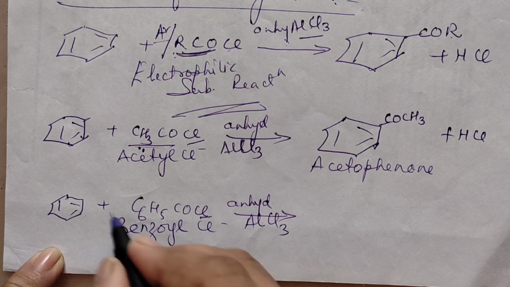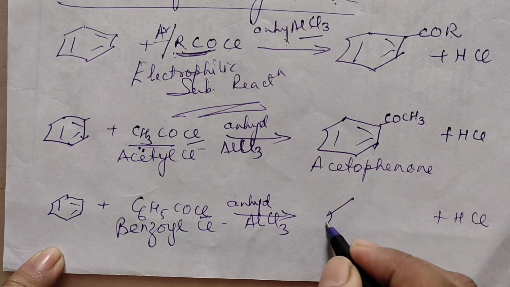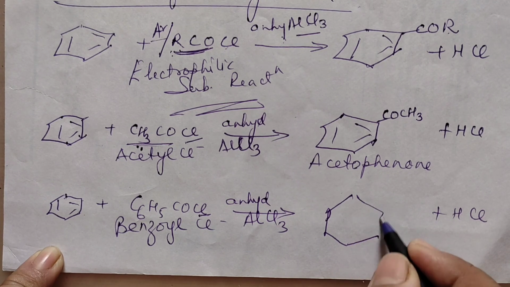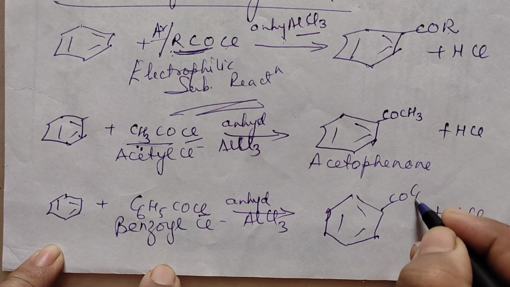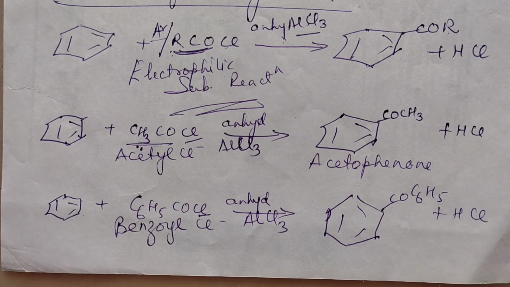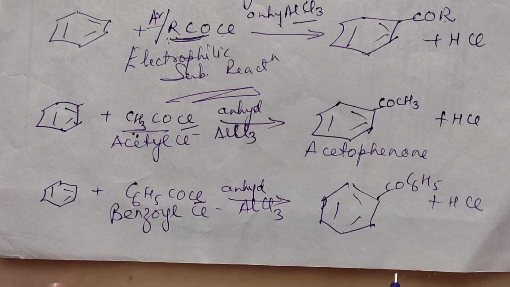In the same way 1 H and 1 Cl will come out as HCl, and what I will have is a ring, and on this you will have CO and one more ring. It's one and the same thing if you write C6H5 or you write the ring.